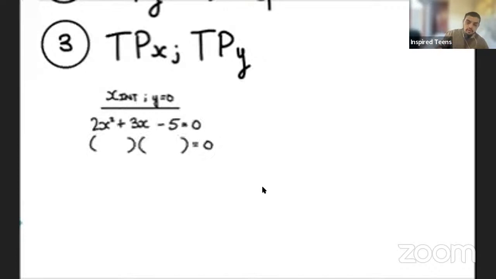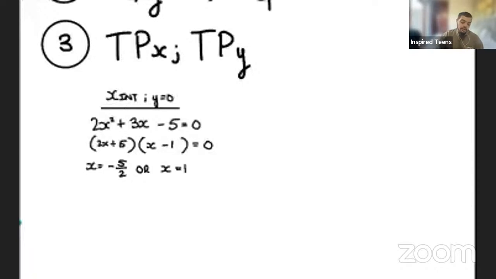We're going to have 2x plus 5 and x minus 1. Therefore, x is equal to negative 5 over 2, which is negative 2.5, or x is equal to 1.